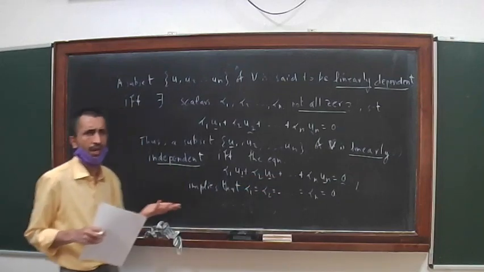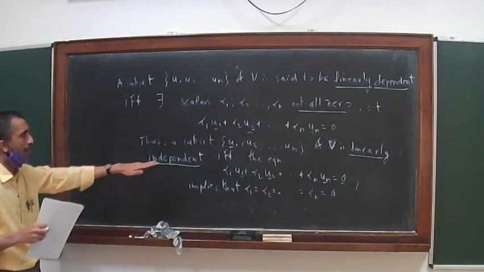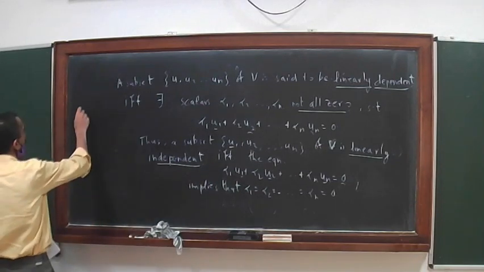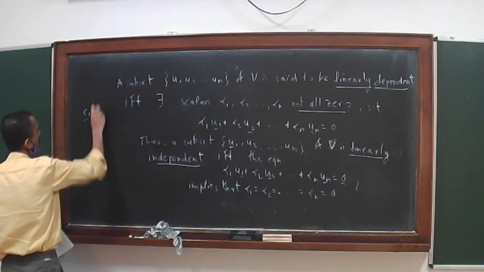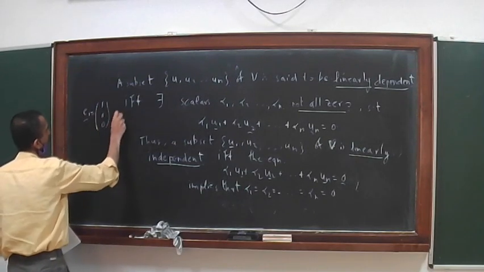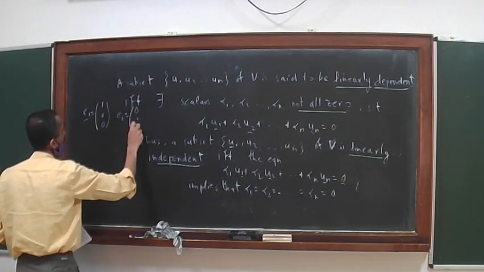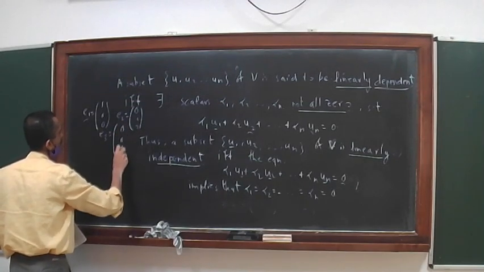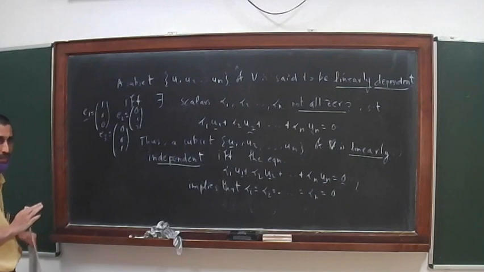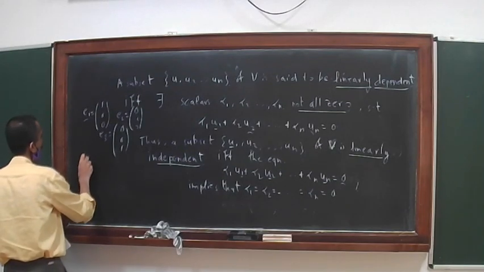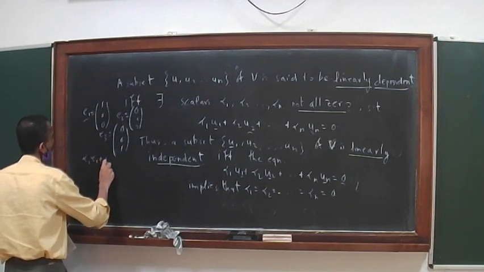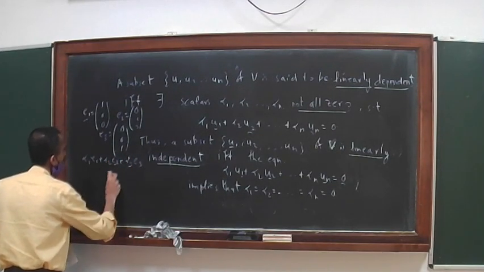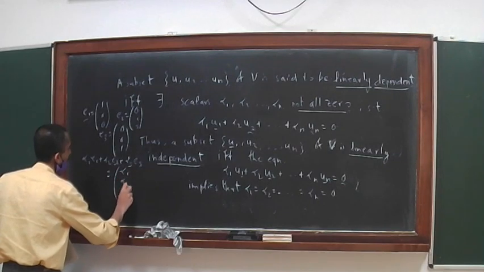I will give a very simple example so that you will understand this concept easily. Just take the Cartesian basis. Take E1 to be (1, 0, 0), E2 to be (0, 1, 0), and E3 to be (0, 0, 1). If I write alpha 1 E1 plus alpha 2 E2 plus alpha 3 E3, you will see that this is (alpha 1, alpha 2, alpha 3).